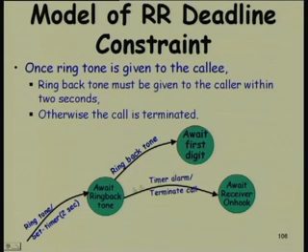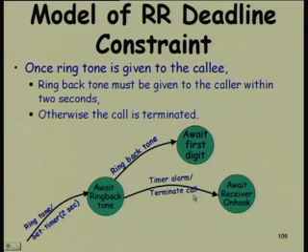Now, if the ringback tone could not be given, then the call should be terminated. So, the timer alarm has fired because 2 seconds have passed and the ringback tone could not be given to the caller, and it will terminate the call, and it will also produce idle sound.